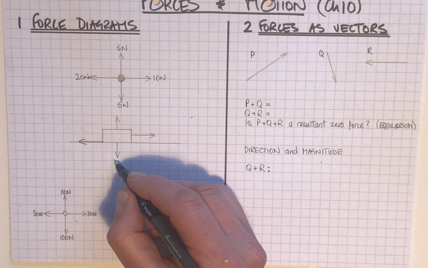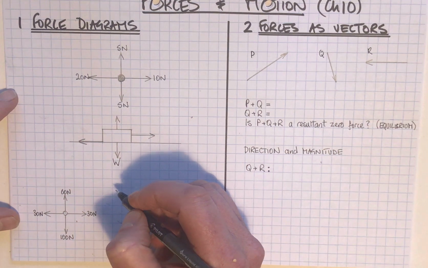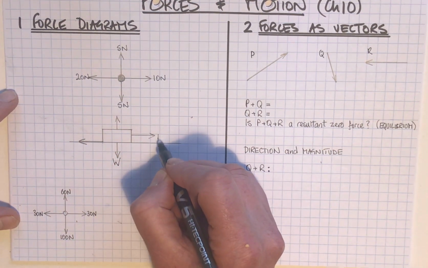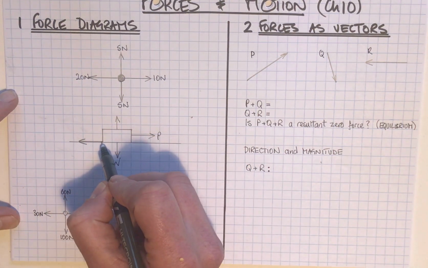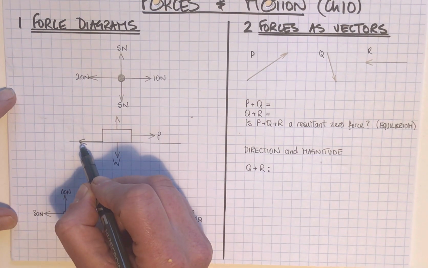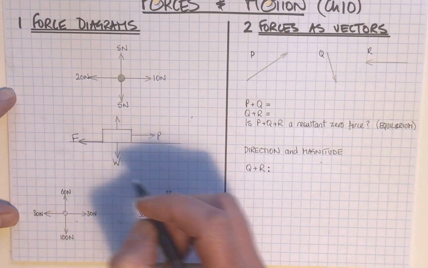And force due to gravity on that object we would call a weight. And let's say we had a pulling force this way, we might call it P. This force here, drawn along the base of the object, along the rough tabletop, would be friction, F for friction.